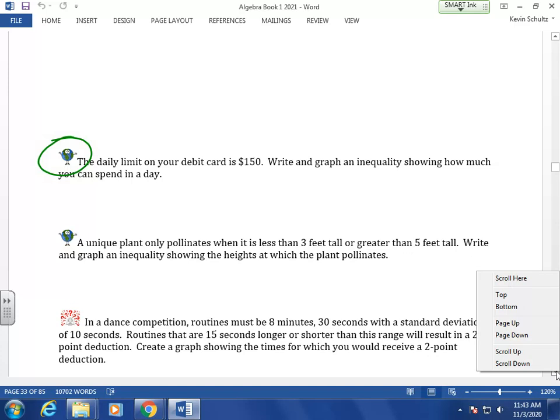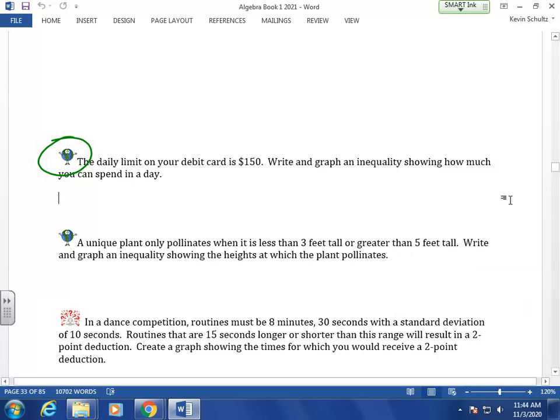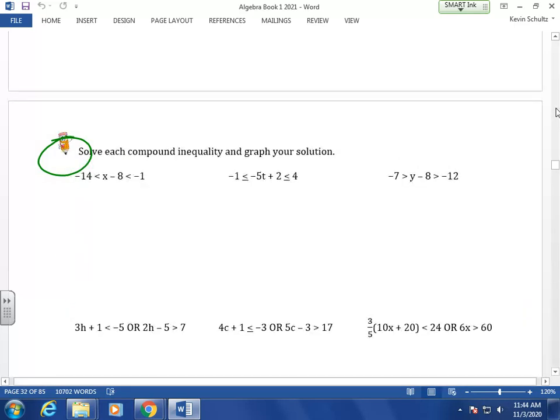Just remember that when you're using operations, do it to all three parts of the AND statements, the middle and the two outsides. And if you do end up dividing by a negative number, which you will in the three that you need to do for tomorrow, make sure those signs are flipped. Okay? You've got 6 minutes to work before we head to music, so that is how you math.